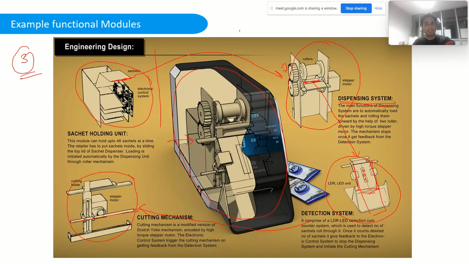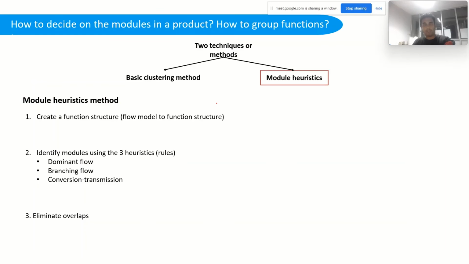In this particular case there are no such requirements where I need to avoid flow of material from one unit to another, or avoid flow of energy from one unit to another. So I did not have to do those considerations. So this is how we come up with product modules.